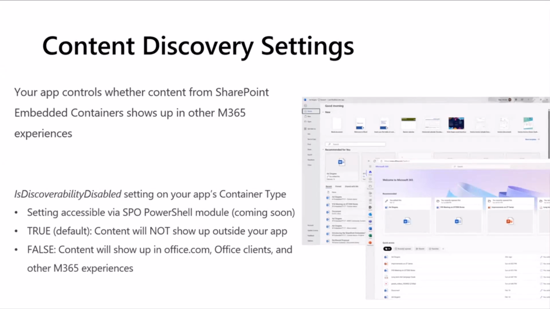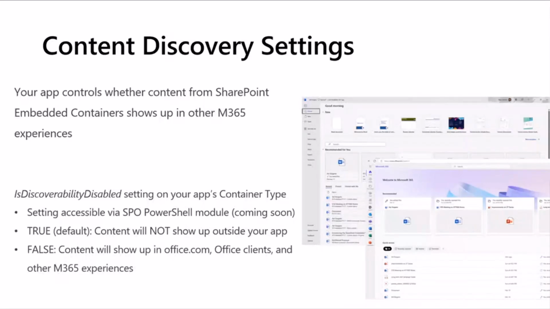Now, a couple things I want to quickly discuss. These are features that are not quite yet available, but they will be soon. The first of those is controlling content discovery for content that is stored within SharePoint Embedded. The short story here is that your app gets to control whether content from SharePoint Embedded containers shows up in other M365 experiences.